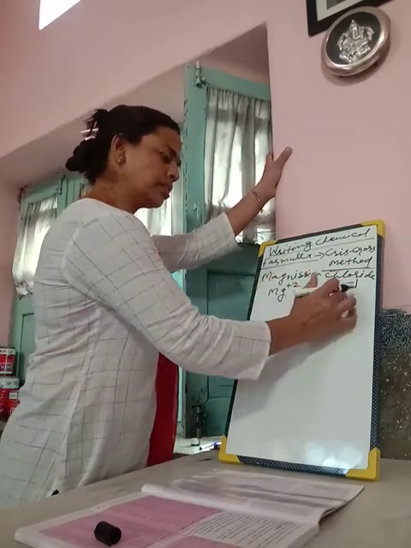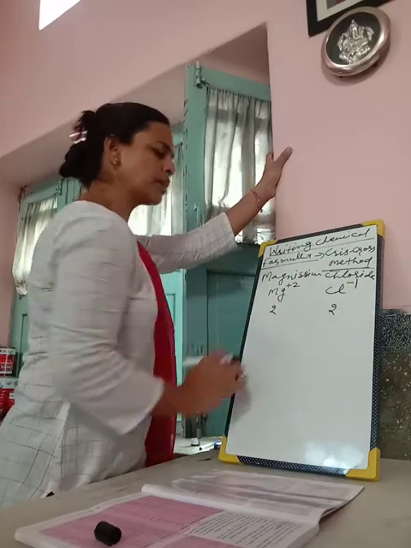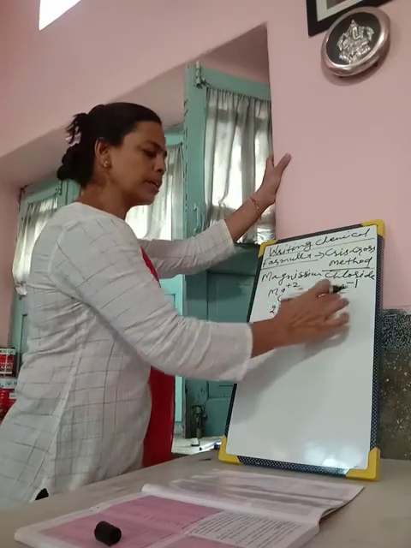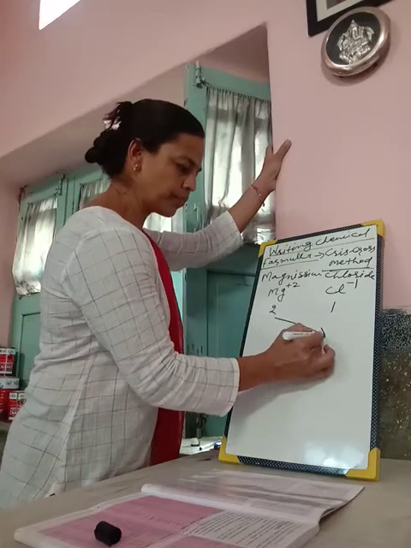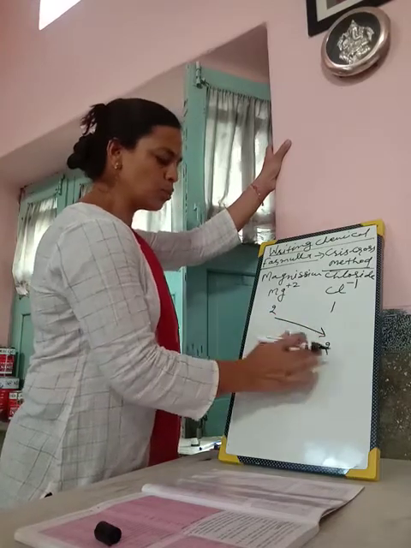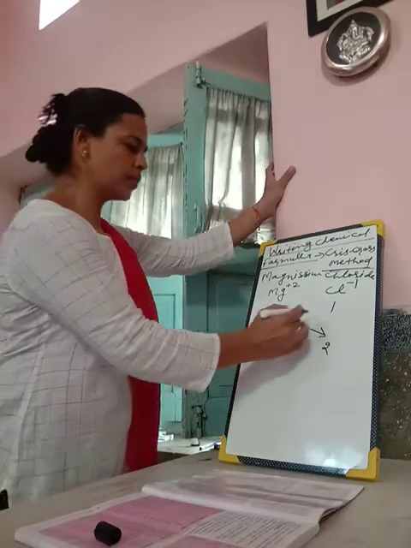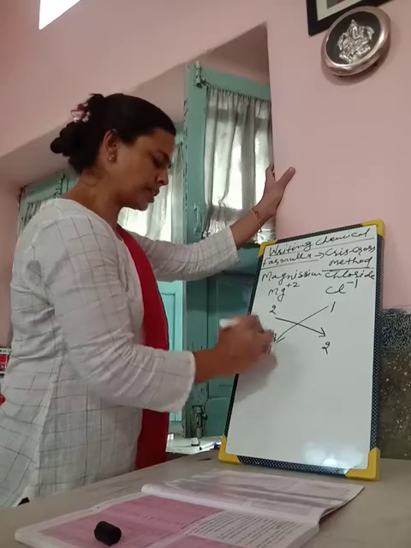It is -1. Now what you have to do? Forget this charge and write this valency at the bottom of their symbol. 2 here and 1 here. Now cross this valency. 2 take at the bottom of the chlorine and 1 at the bottom of magnesium.